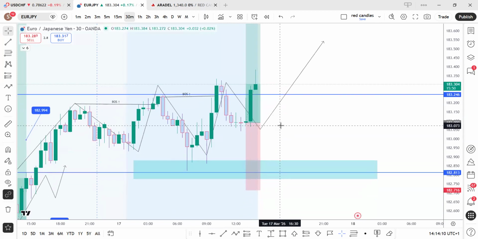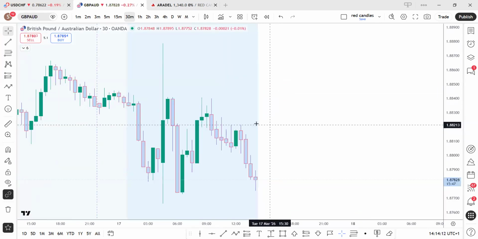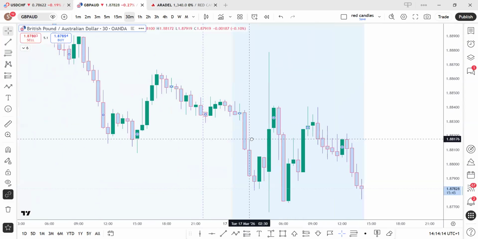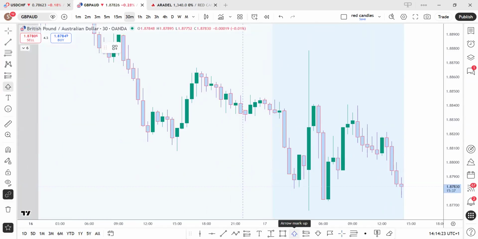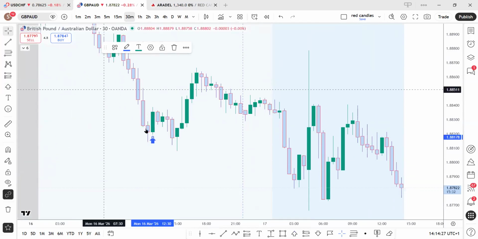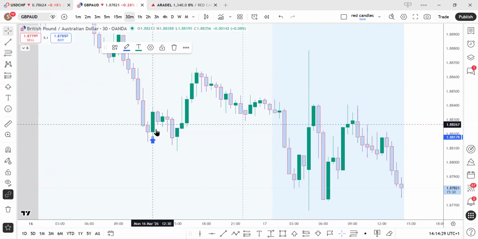Okay, so let's look at another one. Oh, this one is pound Aussie. Remember on gold earlier, we were showing that rejection candles were working beautifully. Look at this one here. Yesterday, price gave us a nice bullish engulfing candle. Is it a valid setup?